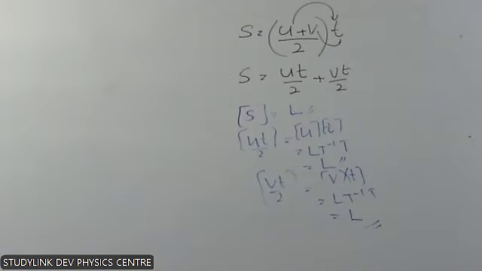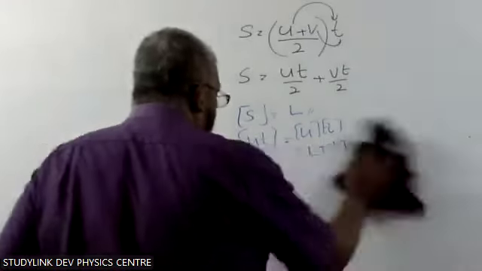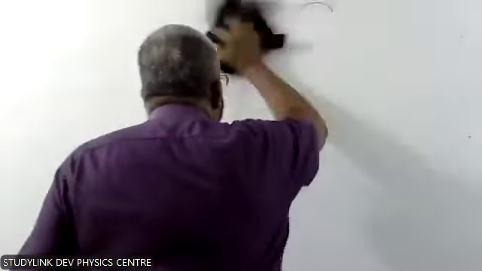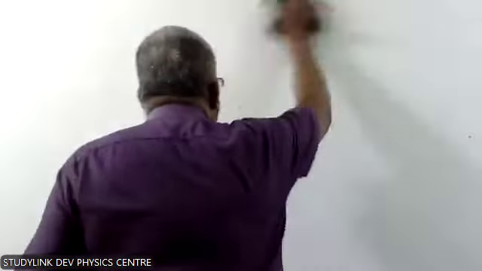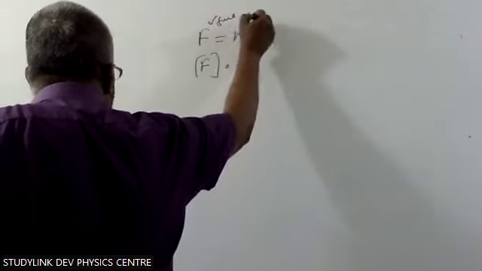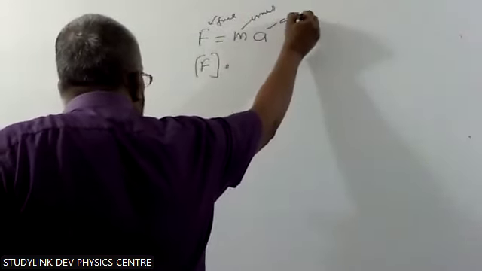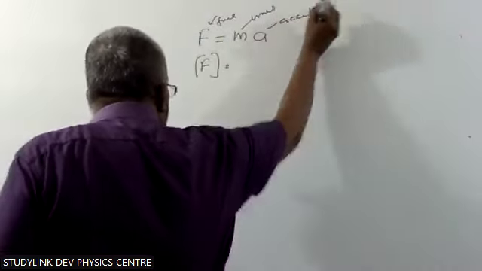Right, now we'll come to another equation. F equals MA. We did it, use it. This is force, no? You remember, this is force, this is mass, this is acceleration. So therefore force is M L T minus 2.